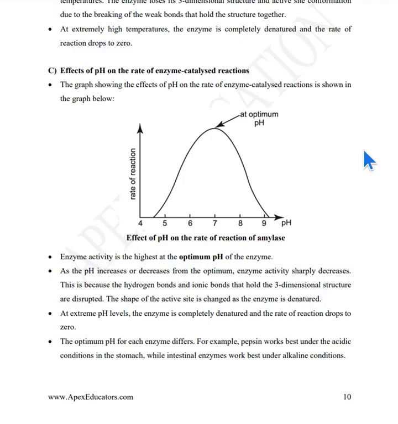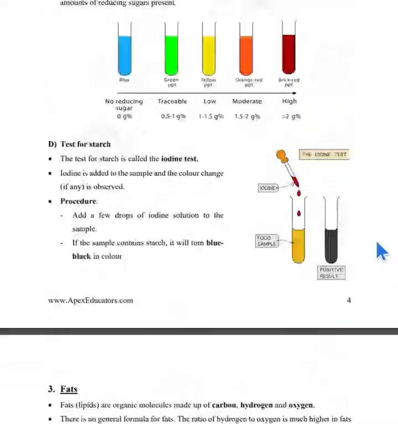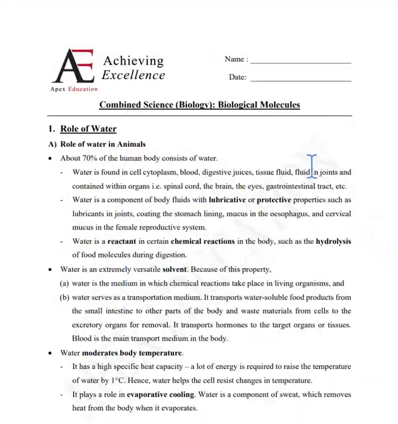Also, you need to tell me that at the highest point the enzyme is at optimum pH, especially for part C over here. If you can see the graph, it says effect of pH on the rate of reaction of amylase. You need to tell me that this point over here is the optimum pH. That is it for chapters 3 and 4.